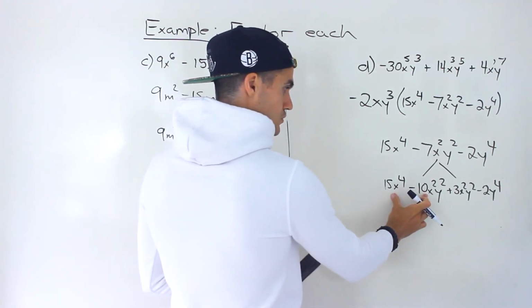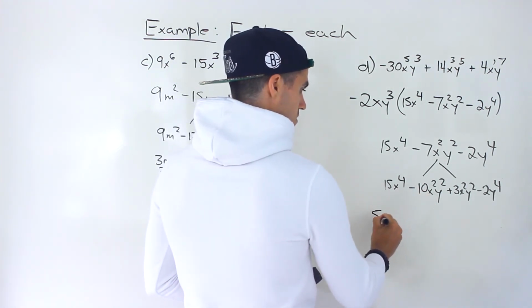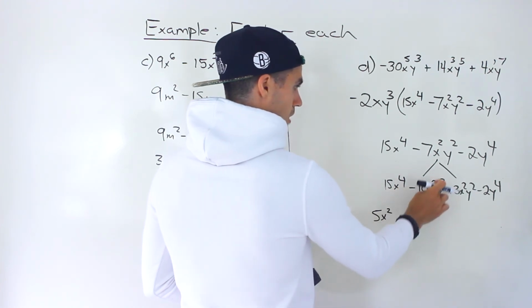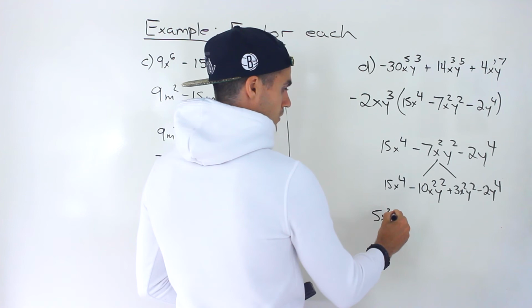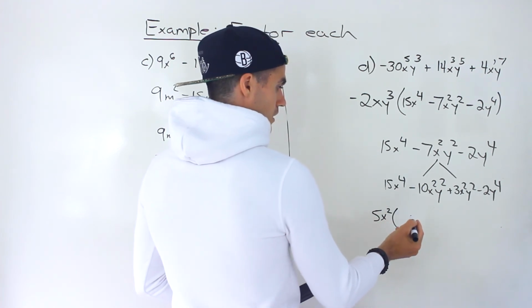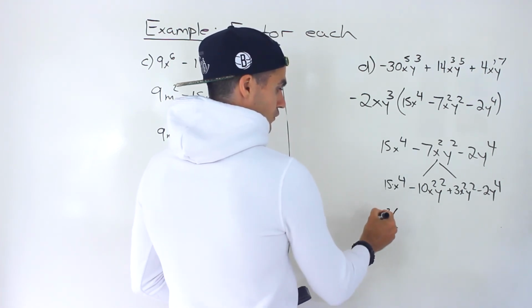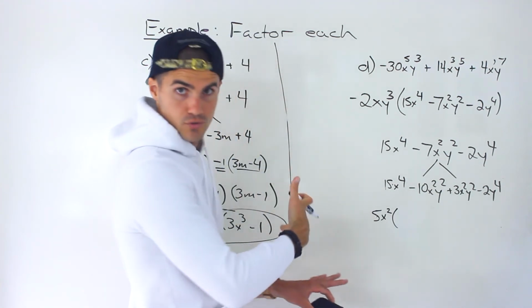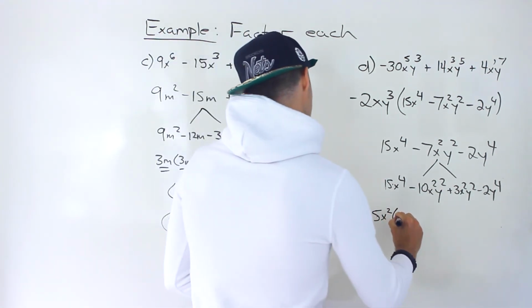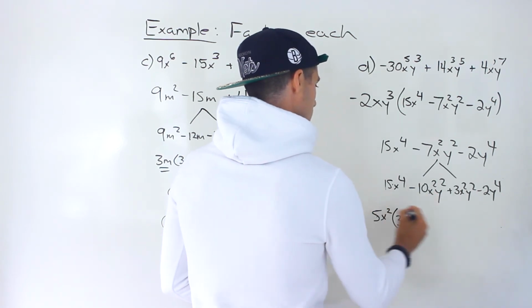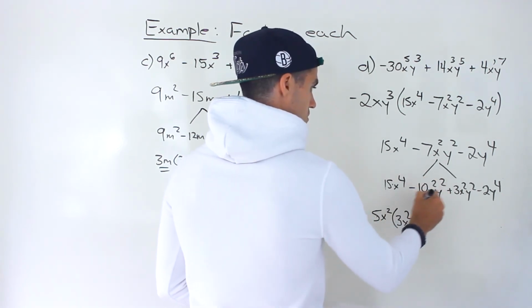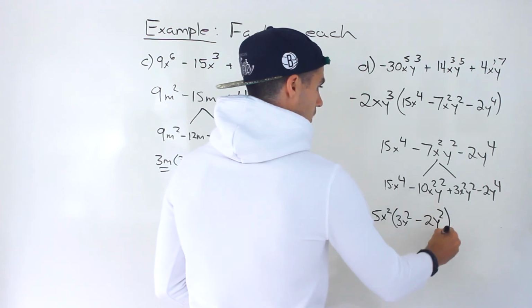So from these two, we could take out a 5. We could also take out an x squared, right? X is common, take out the lowest exponent. There's no y here, so we can't take out any y variables. 15x to the 4 over 5x squared. If you were to do some work on the side, divide those, we'd end up with 3x to the 2 minus 10 divided by 5 is 2. The x to the 2's cancel out. We'd just be left with a y squared.